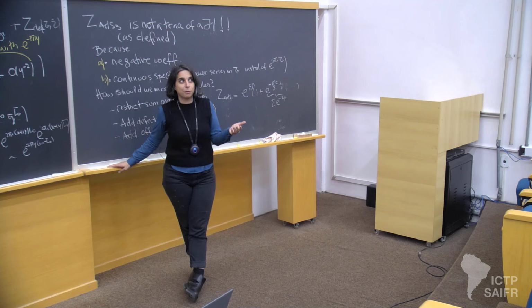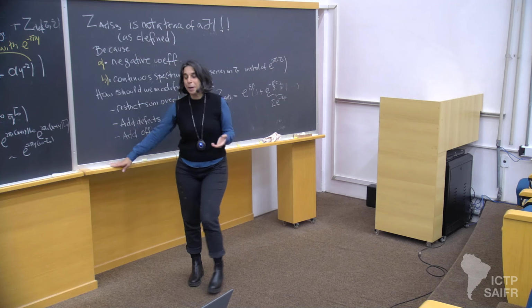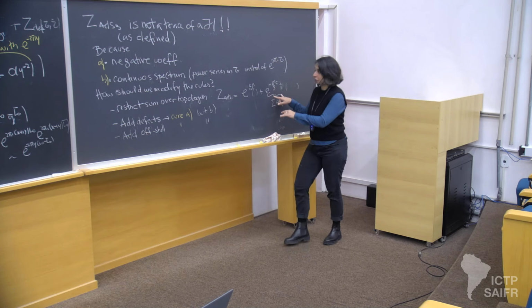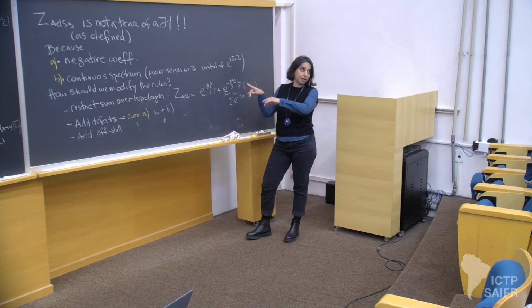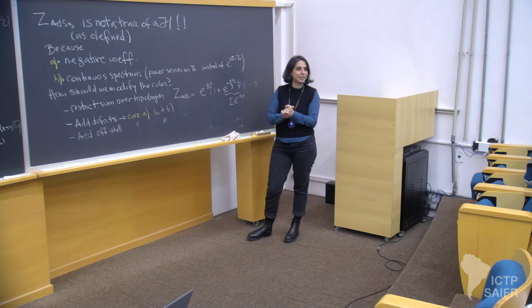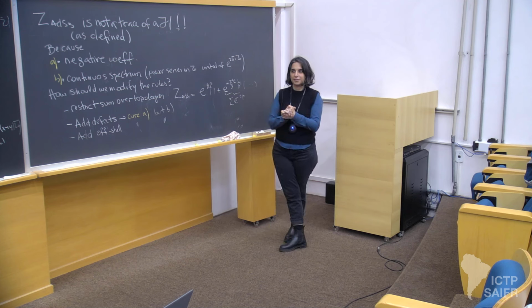So there exist modular functions that have this inversion symmetry, but the problem is that this is a very simple function that is invariant under beta going to 1 over beta. But yeah, it didn't do the trick.